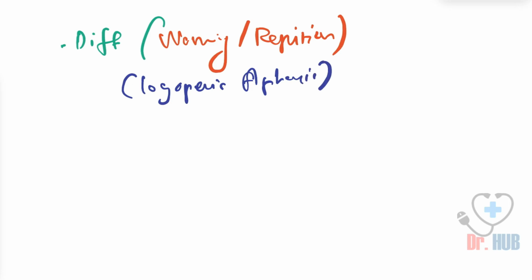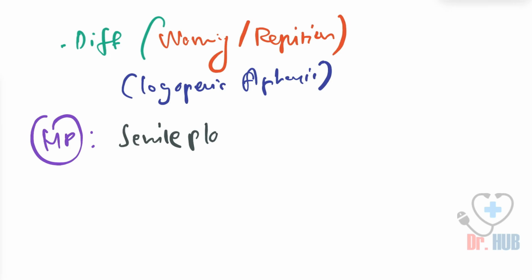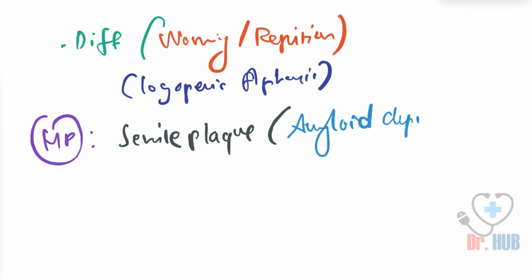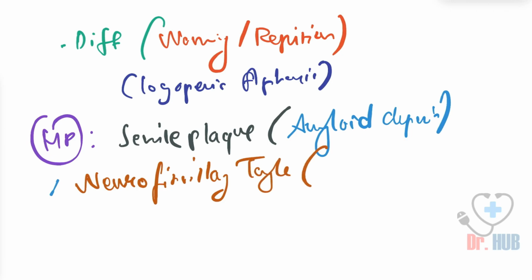Now we move on to the second question we asked. What are the histopathological findings in Alzheimer's disease? This includes senile plaques, which are amyloid deposits. It also includes neurofibrillary tangles, which are composed of tau proteins.